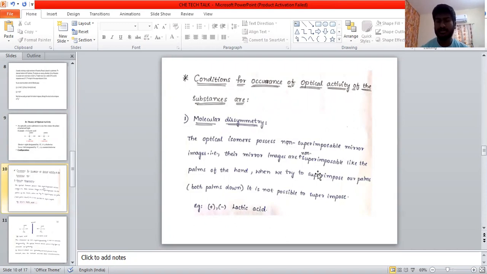Like the palms of your hands: when we try to superimpose one palm on the other, it is not possible. So that is what non-superimposable means. The mirror images are non-superimposable.